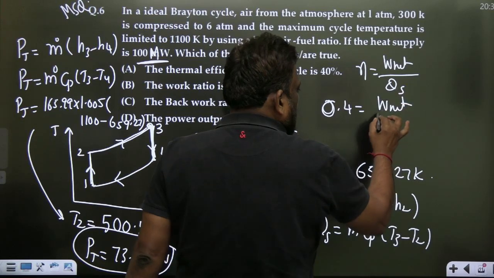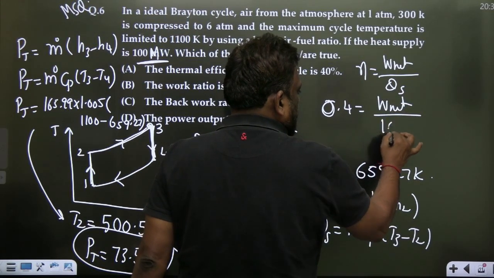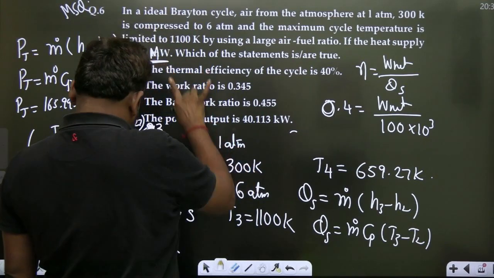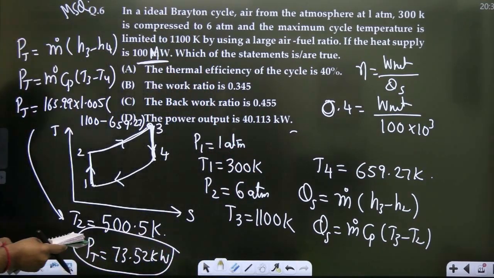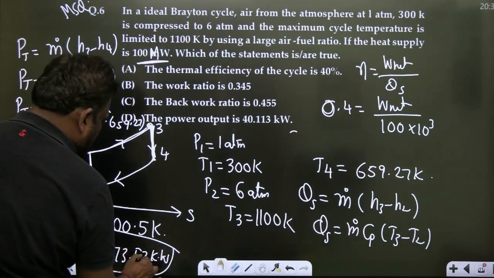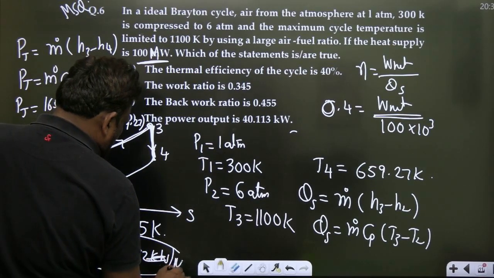By heat supply, already the heat supply is 100 into 10 power 3, megawatt. Is this coming in kilowatt, sir? No, one second. Oh, this is also in megawatt. I'm sorry. This is in megawatt.